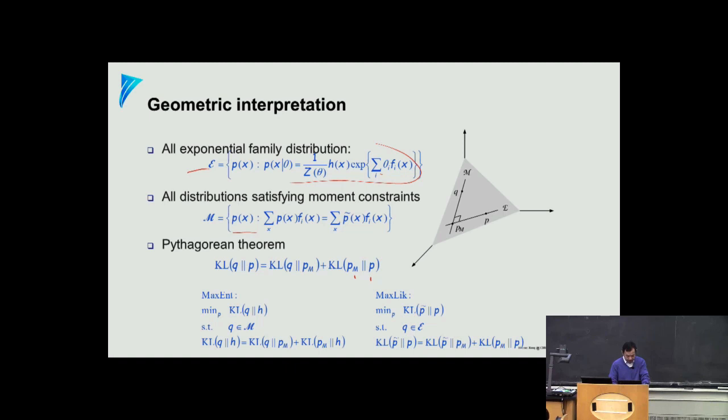If you just look at the thing here, you will quickly recognize that in the estimation problem itself, either by minimizing the entropy or minimizing the KL between the empirical and the estimated distribution, of the two terms in the Pythagorean, only one of them is playing a role. The other term is not even affected, which makes your estimation principle rather straightforward.